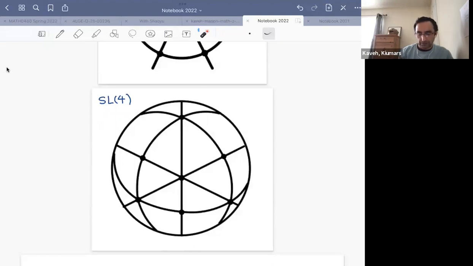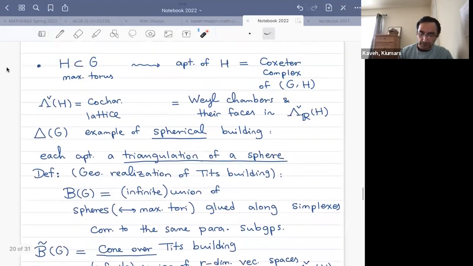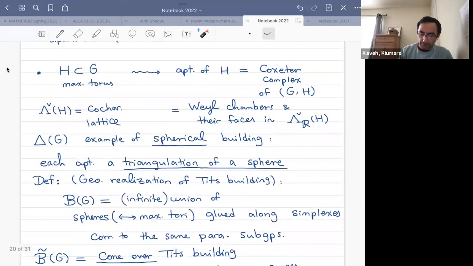So to each maximal torus, you can associate these Weyl chambers intersected with the unit sphere, you get a triangulation, and that's the Coxeter complex, or the apartment associated to that maximal torus. So for each maximal torus, you have the same triangulation of a sphere, but living in a different place, with different vectors.